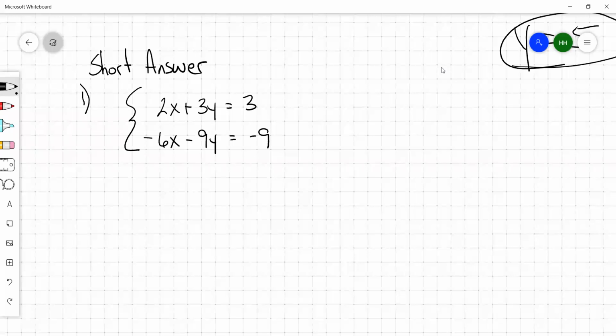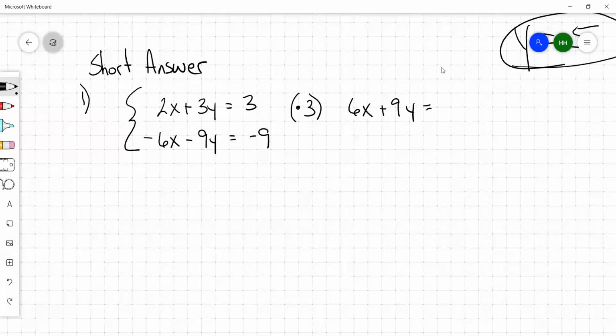All right, so we're trying to eliminate a variable by combining the equations. And right now, if we combine the equations, nothing will be eliminated. So if we multiply the top equation by 3, 2x times 3 is 6x. 3y times 3 is positive 9y. I'm sorry.